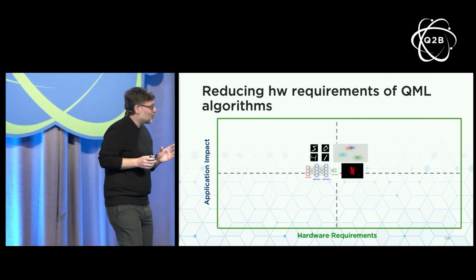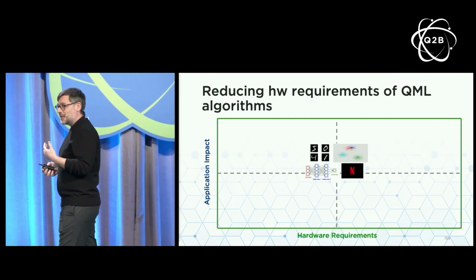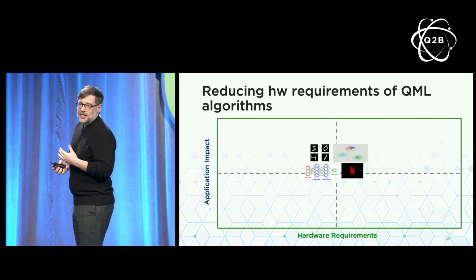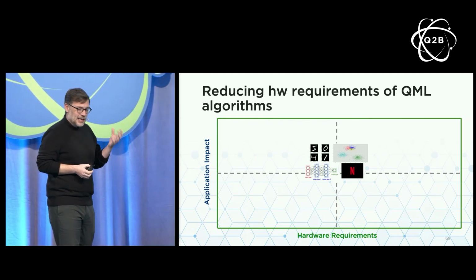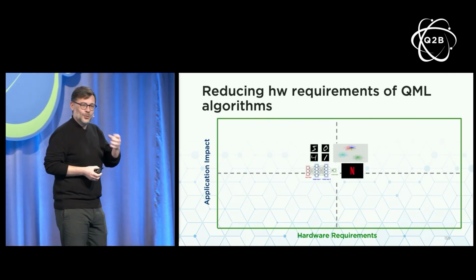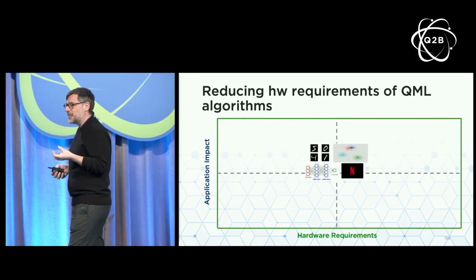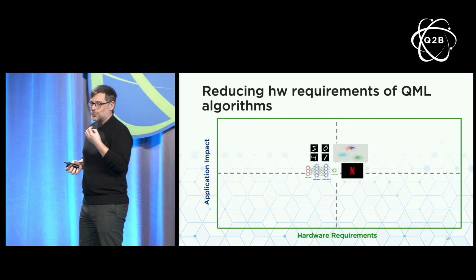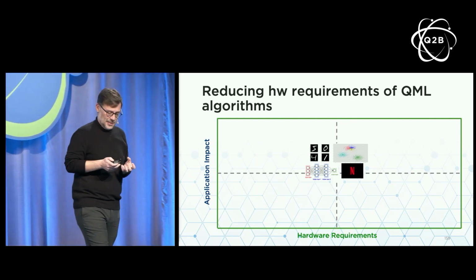So what we need to do is work on both sides. The hardware should be getting better, but should be getting better in a user-driven way. We need to tell the hardware what we want to solve, okay? And we need to take all these algorithms that we expect them today or yesterday to use 1 million or 10 million qubits and figure out how do we bring them closer to what the hardware can do. Maybe not now, but in 3 years, not in 25 years.